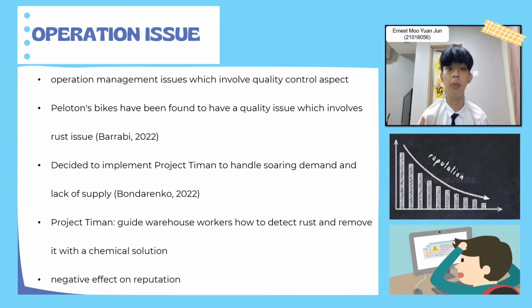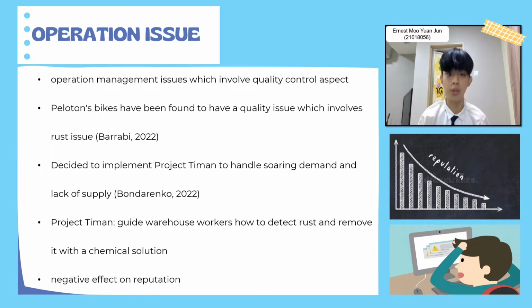Now, I will talk about the operation issue faced by Peloton. Peloton is one of the organizations that face an operation management issue which involves quality control. The bikes manufactured by Peloton have been found to have a quality issue which involves rust. In fact, this issue had already been discovered and reported to the company executives by the Peloton warehouse workers before it was delivered to the consumer. However, Peloton decided to implement Project Demand to handle soaring demand and lack of supply.